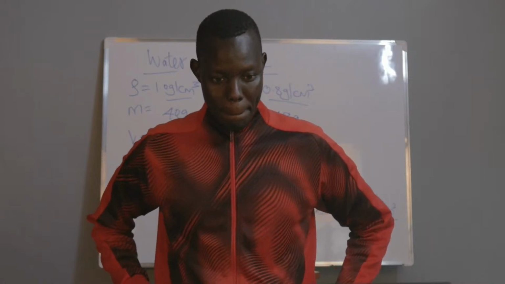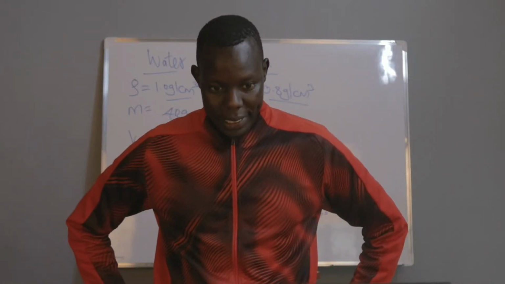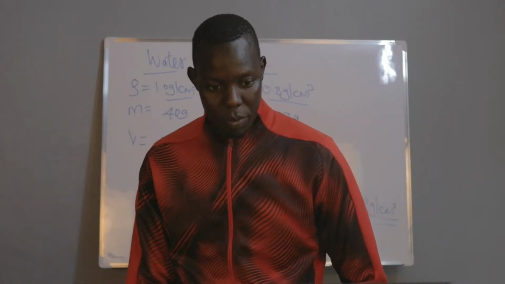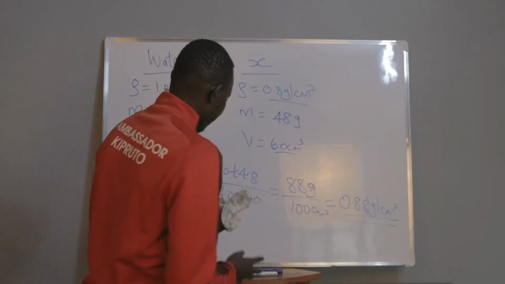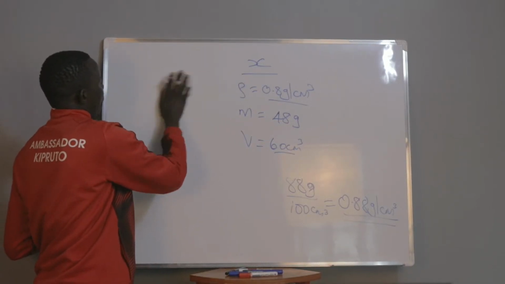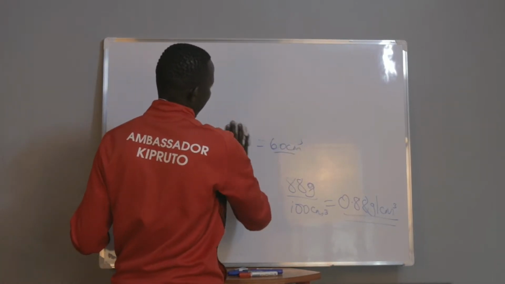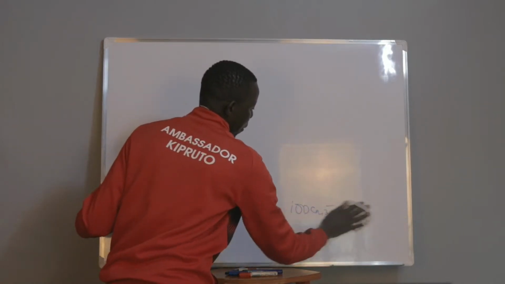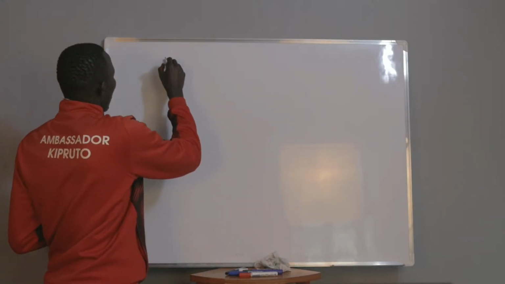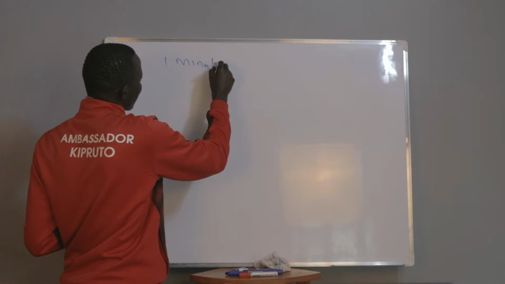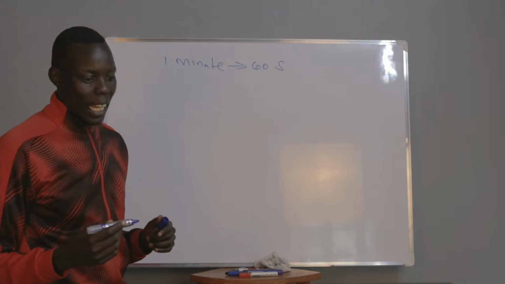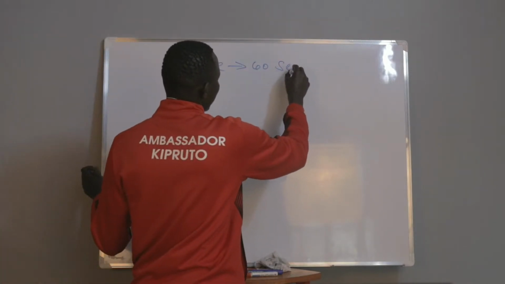Now, 1 minute is always 60 seconds. One minute, 60 seconds. Don't write SEC, write in full, seconds.